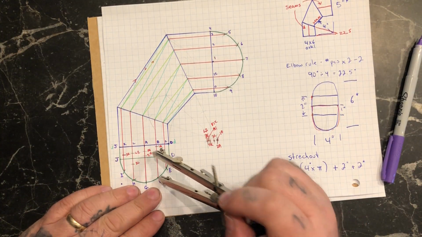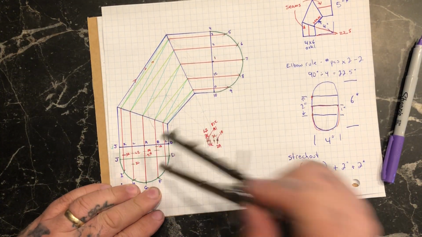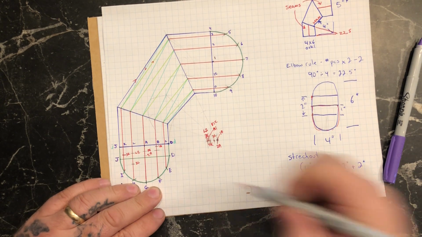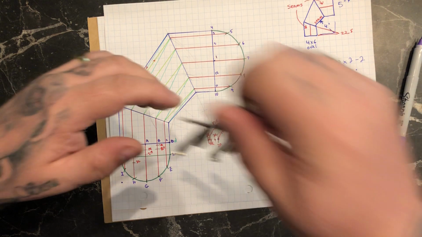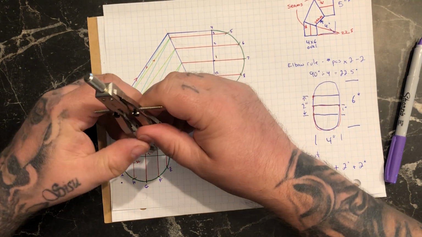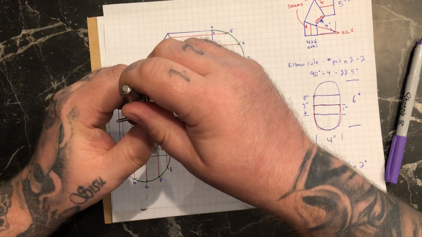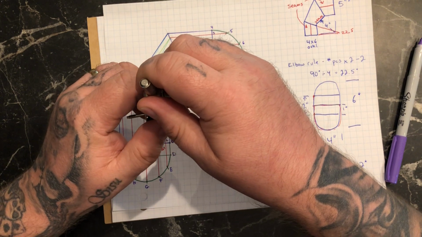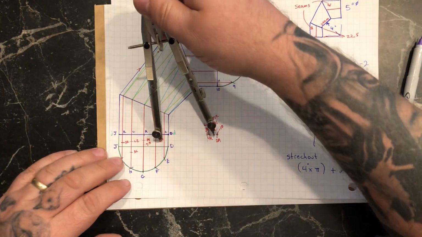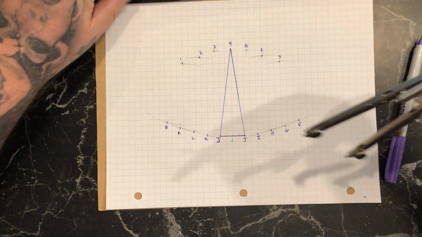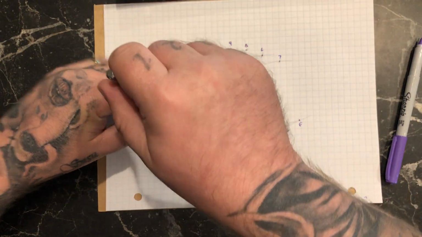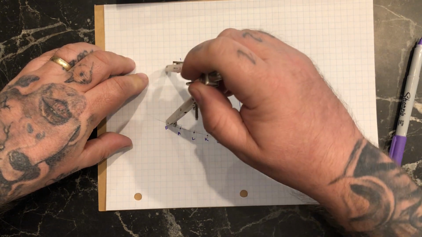Subtract it off of B. B12. B12 to B12. And B up to 12.